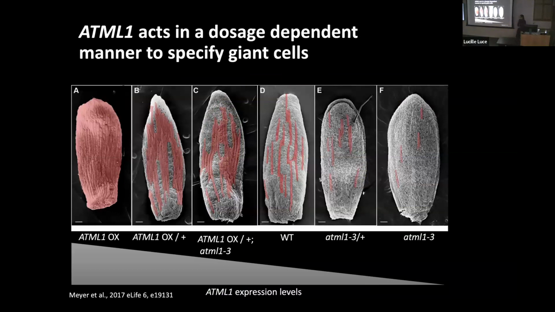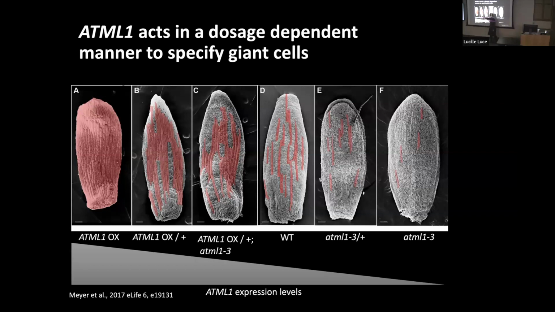Okay, so my former graduate student, Heather, found that giant cells are specified by levels of ATML1. ATML1 is a transcription factor involved in specifying giant cells. In wild type, we have a few scattered giant cells. When she overexpressed ATML1, she got sepals completely covered in giant cells.